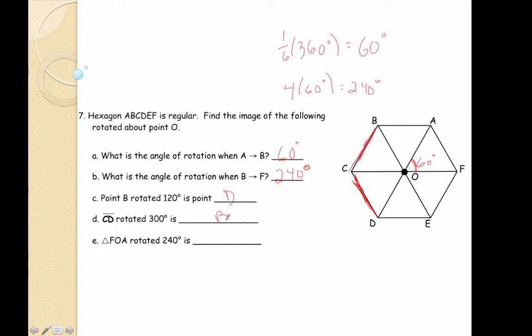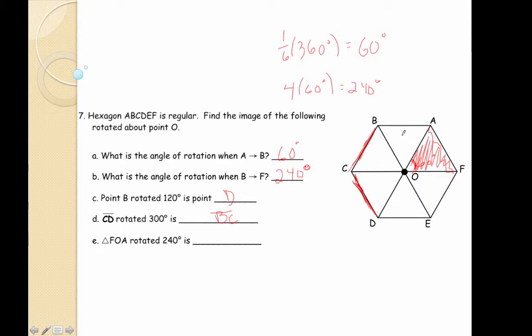We need to write that as BC. Even though it's the same line segment, if we wrote CB, writing it BC indicates very clearly that C went to B and D went to C, instead of C going to itself and B and D going to each other, which would be a reflection. Now if we take this whole triangle, FOA, that whole thing, and we rotate it 240 degrees.